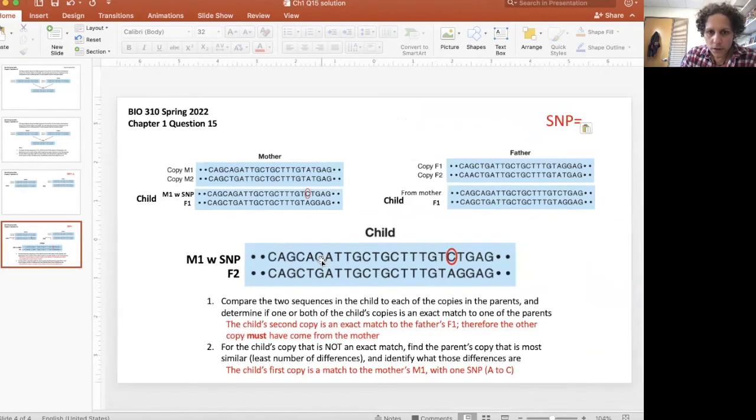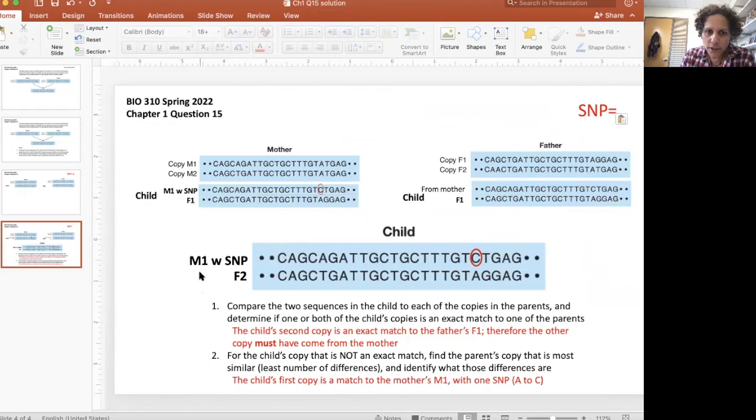And back to the zoomed out, larger picture: the second strand is a perfect match to F2 of the father's, and the first strand is a match to M1 with one change. So it's more likely that it came from M1 with a single change than from M2 with two changes.